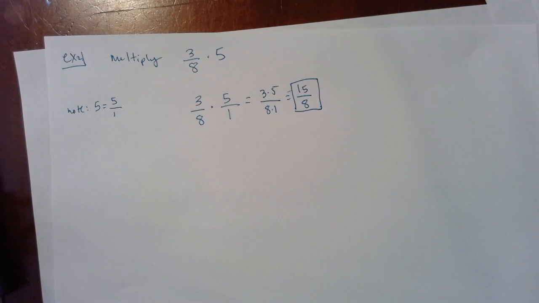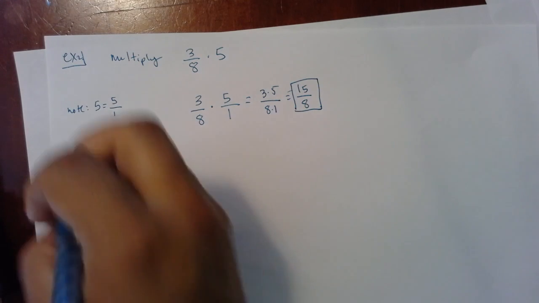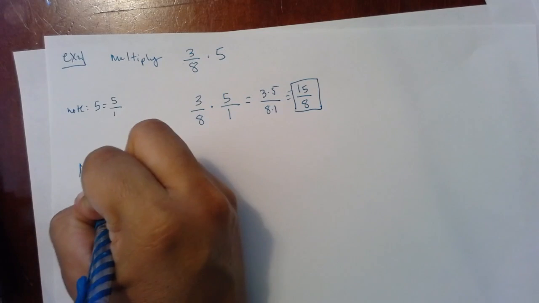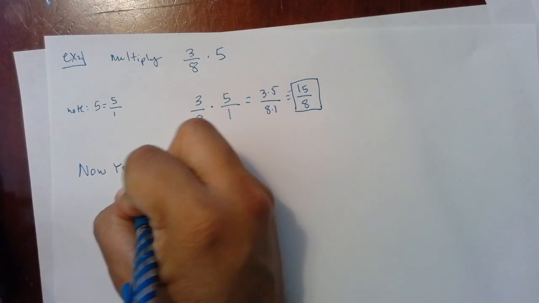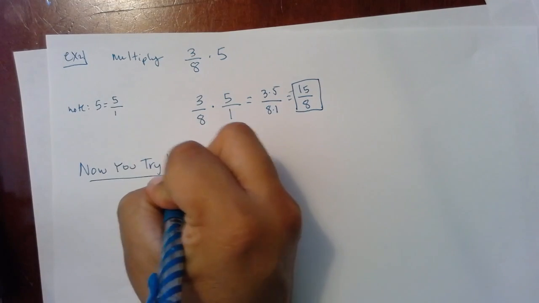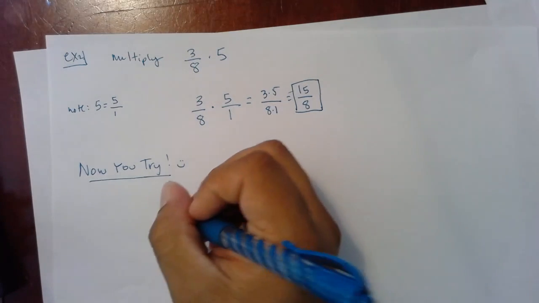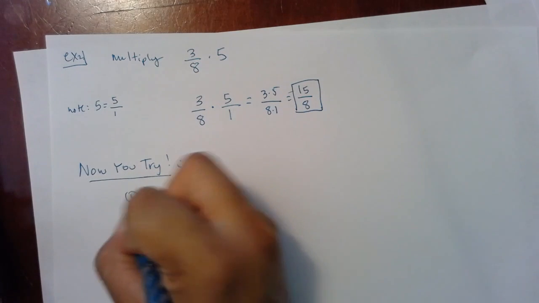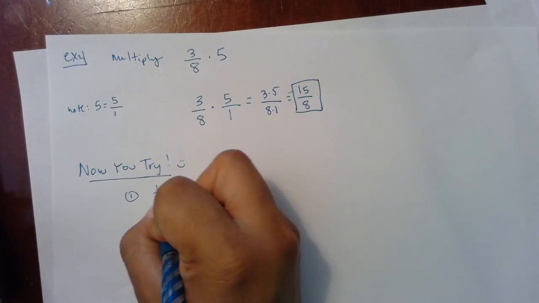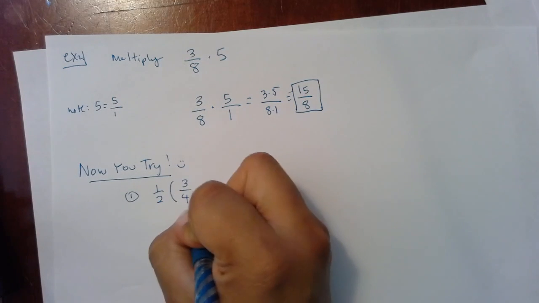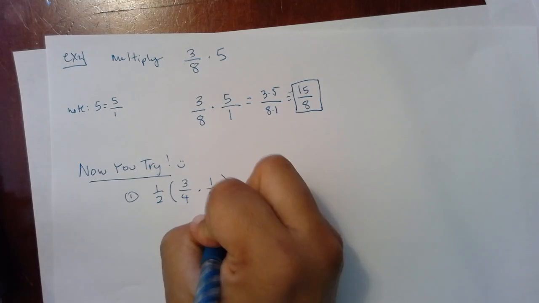Okay, great. So now let's have some now you tries. Why don't you go ahead and do the following. 3/4 times 1/5.